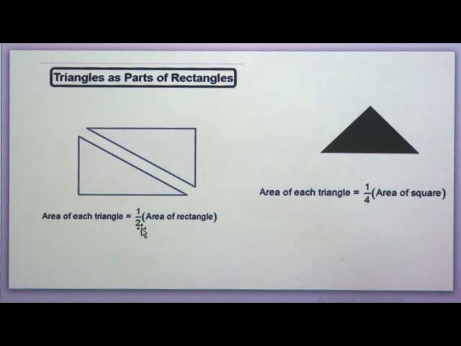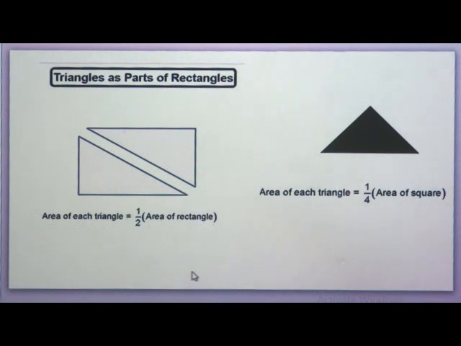Now, you might be thinking why it is half the area of a rectangle. Because we divided the rectangle into two parts, and this portion is half of the rectangle. What is the shape? It is a triangle. So, the area of a triangle is equal to half the area of the rectangle. This you have to remember.